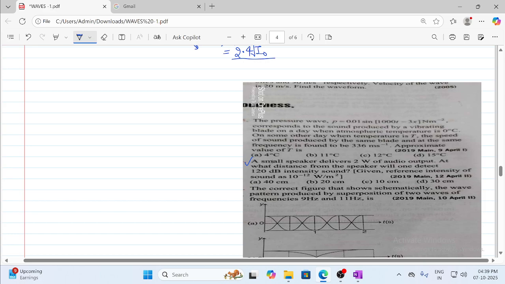So we will check the theory first, then on the basis of that, we will discuss it. Again, beat frequency.